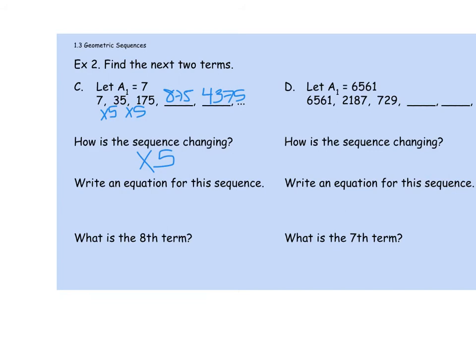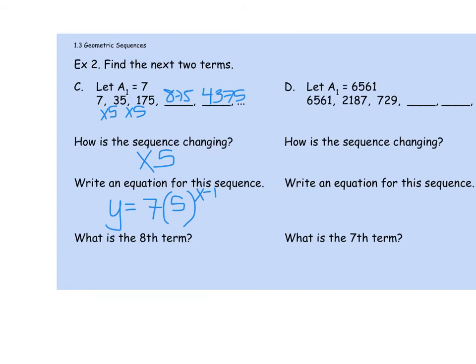So instead, what I can do is I can start with that 7 out front, that first term. We're going to multiply by 5 each time, and then raise it to the power, instead of to the power of x, like we had, which is good. We're going to start with that. We're going to do x minus 1. Okay.